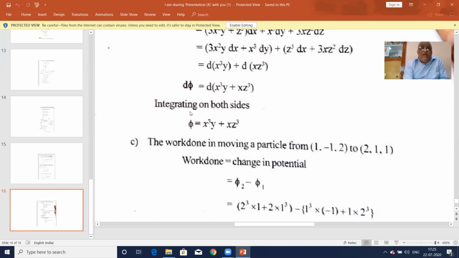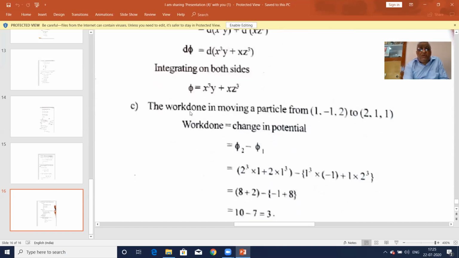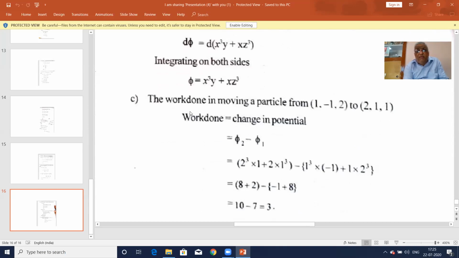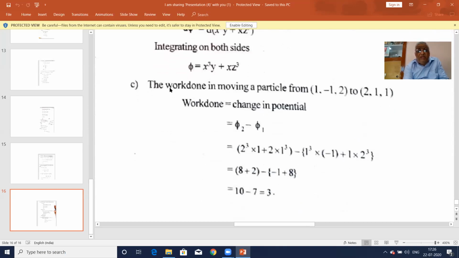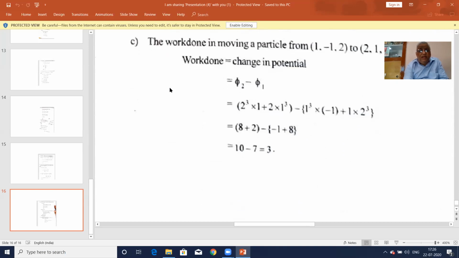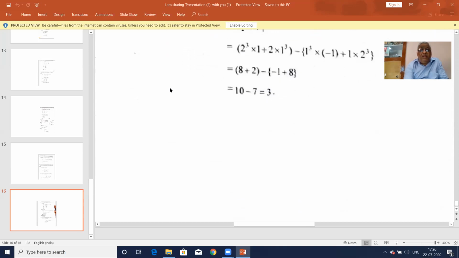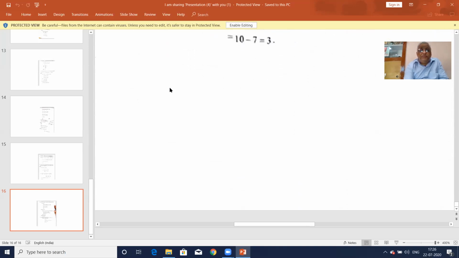We get the work done equal to 10 minus 7, which is 3. So this completes all the problems on vector analysis. Nicely you can solve the problems in the textbook.